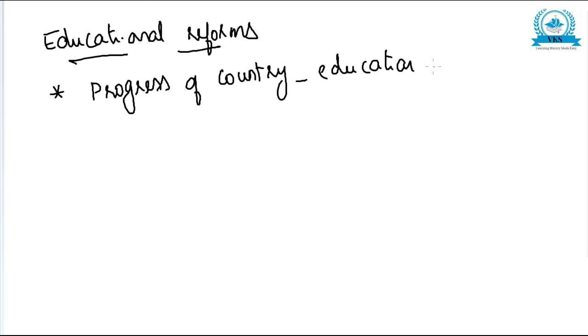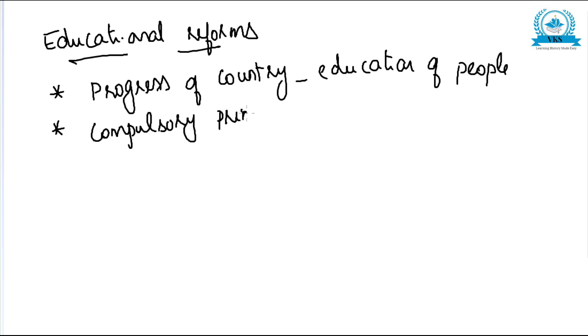If the people are educated, the country will naturally progress. That was the concept of Sir M. Visvesvaraya. He was the person who introduced compulsory primary education.